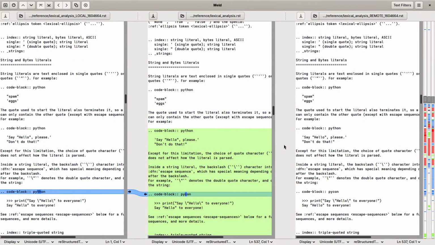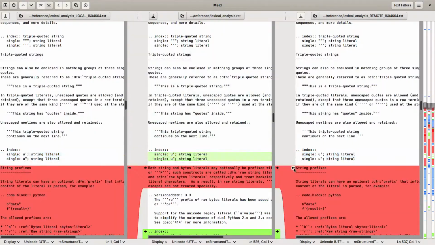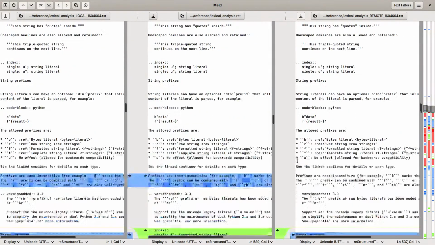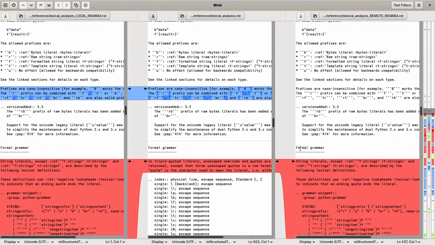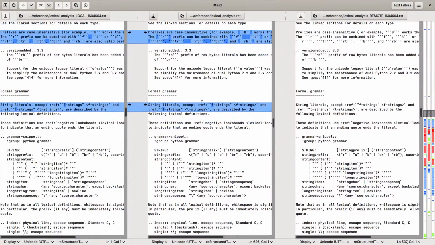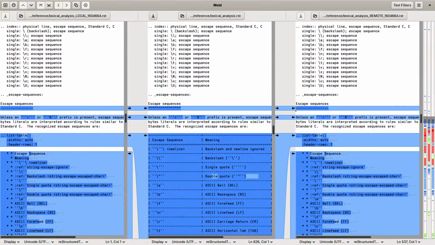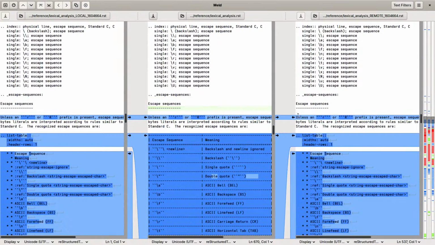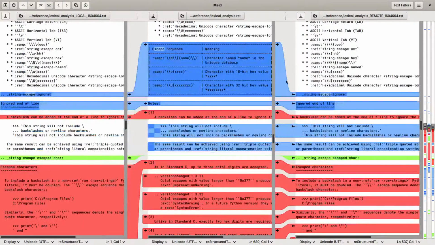So if I just use the accepted, I guess f-strings and t-strings are lowercase f and t, right? Meld is cool.